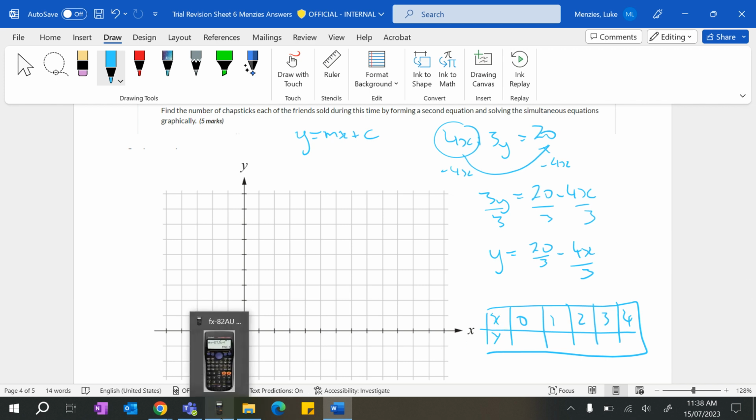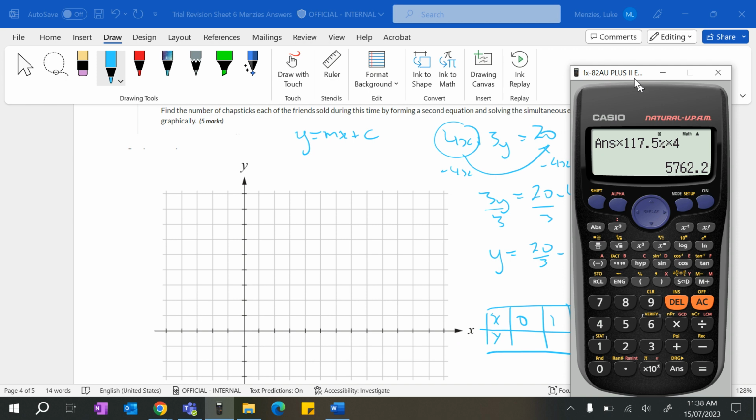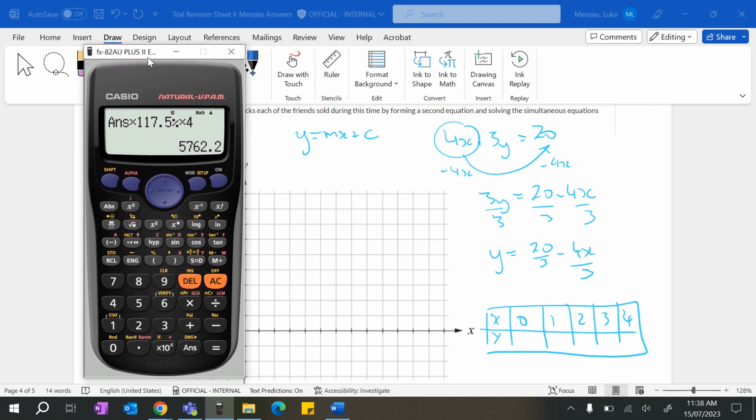And we're going to go back to our calculator again. When you do something like this, it's handy just to leave the work in there. So we're going to say 20 over 3 minus 4 lots of 0. I should put my fraction in first. 4 lots of 0.